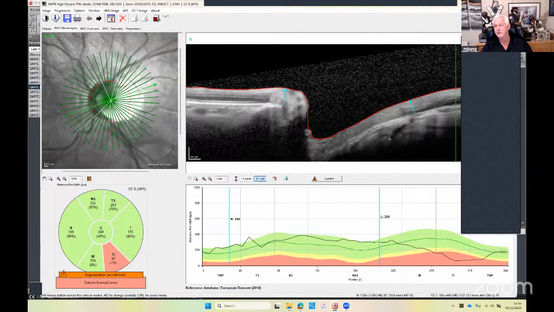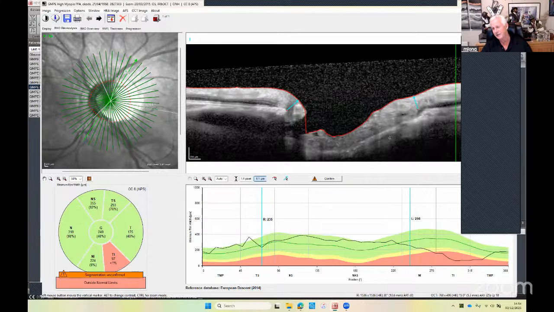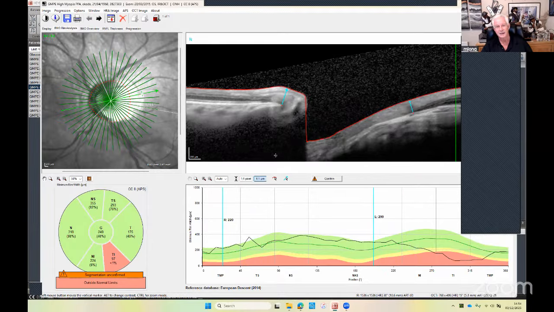And so you can't rely on that information. As much as I love my Spectralis, I wouldn't trust that to be a reliable measure. Although it looks like a temporal inferior loss here of neuroretinal rim, if we believe it, I'm not sure about that.